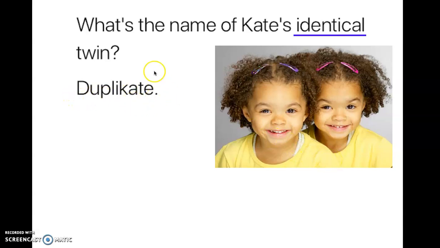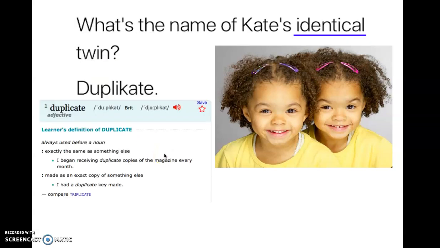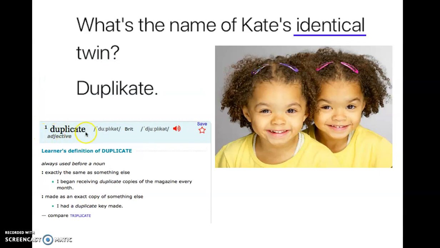Now we have another word here that has that meaning, the meaning of identical. So the meaning of this word, identical, it's in this word, but not the way it's spelled, the way it sounds. Duplicate. Here, duplicate.